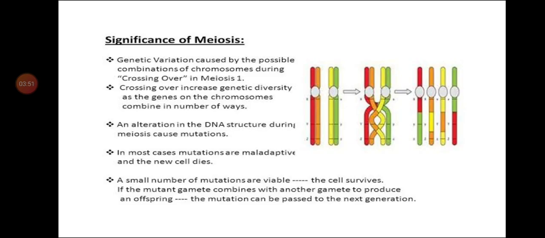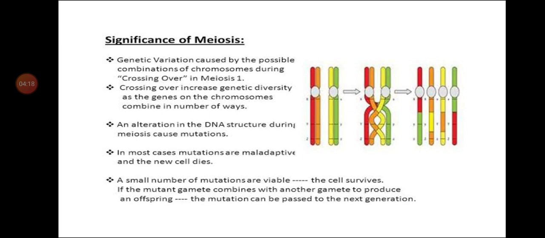Now let us see the significance of meiosis, as we have completed the topic of meiosis. Meiosis 1 and meiosis 2, both the topics we have done. Genetic variations are caused by the possible combinations of chromosomes during crossing over in meiosis 1.